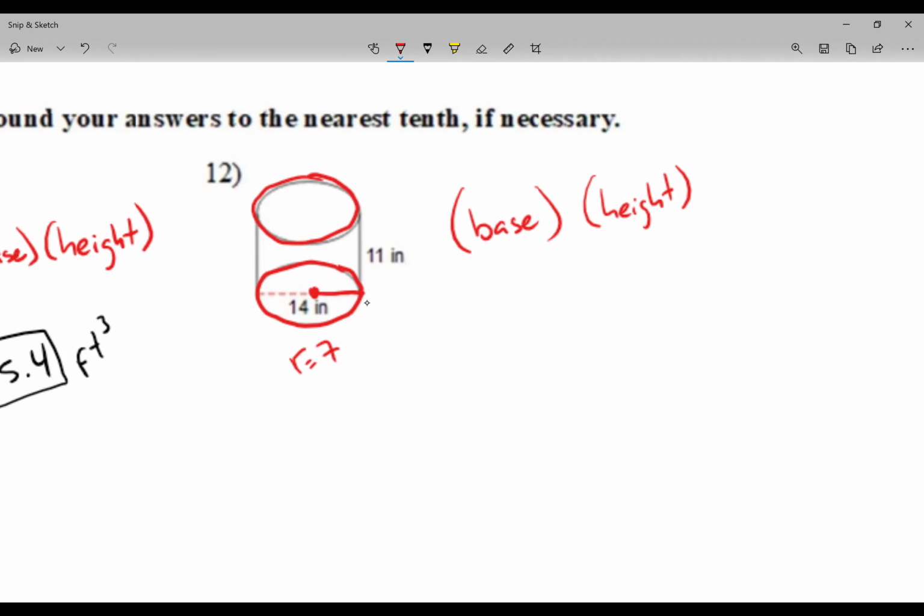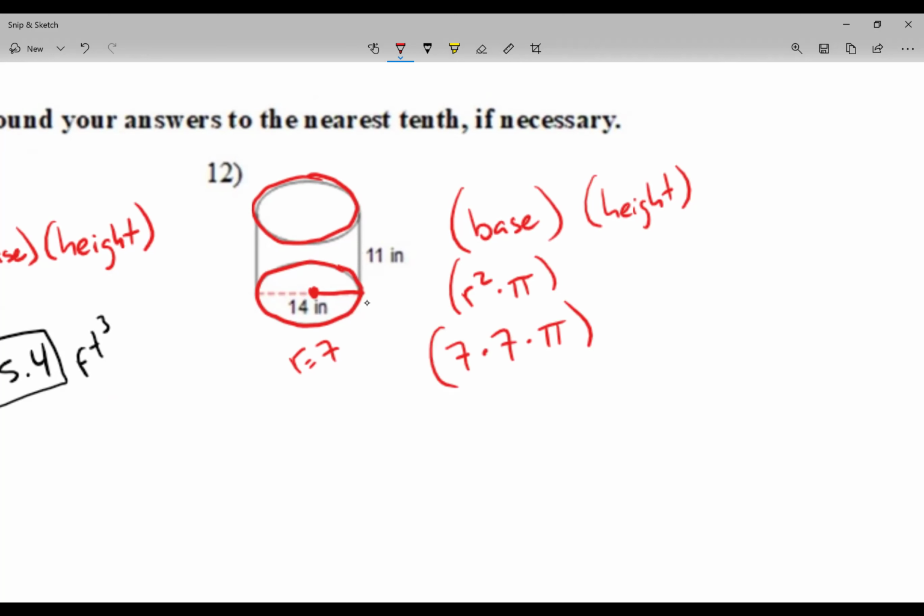I remembered last week we talked about areas of circles, and it was radius squared times pi. The radius is 7, and squared means radius times radius. So I'm going to go 7 times 7 times pi. That's going to give me the area of the circle, the area of the base.